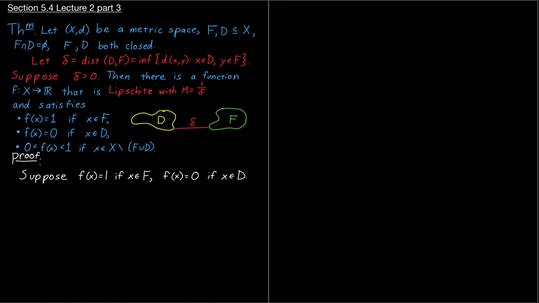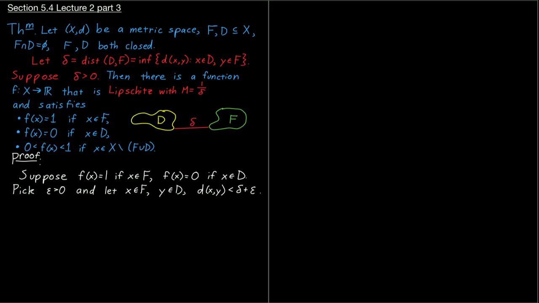And let's pick a positive number epsilon, and let x and y, x is in F, y is in D, and the distance from x to y is less than delta plus, let's make it epsilon over delta.